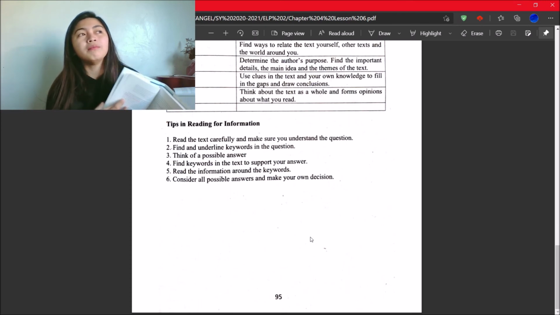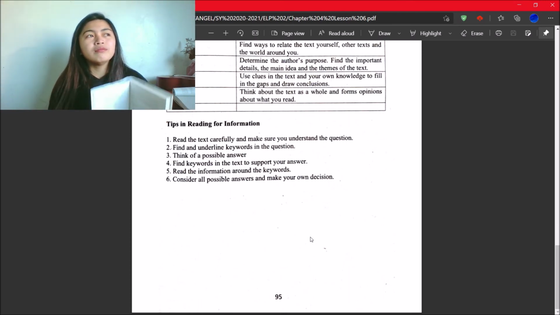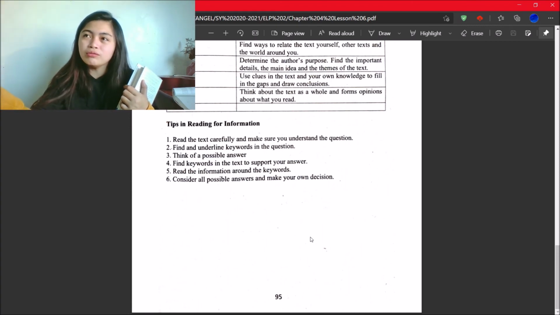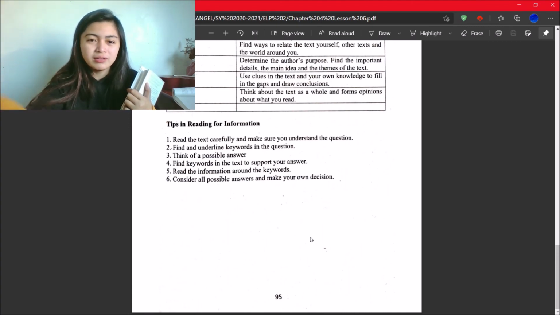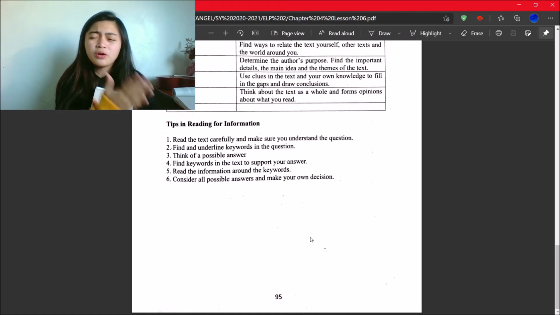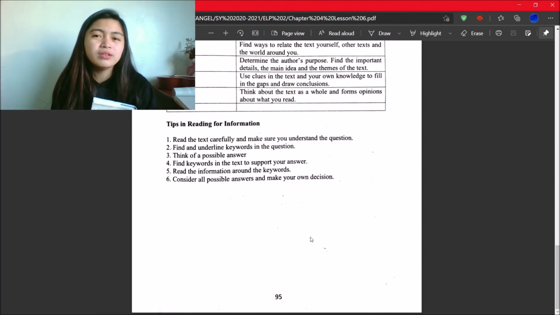What parang ano yung nagtulak sa writer na to have that answer. Parang ganun. So, yeah, you find keywords in the text to support your answer and read the information around the keywords and consider all possible answers and make your own decision.